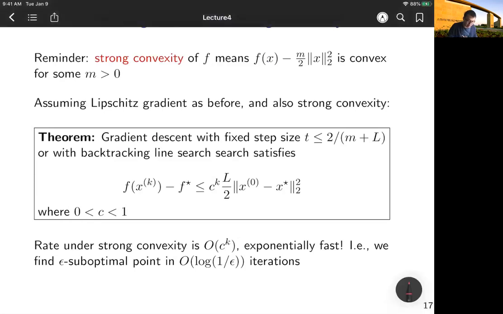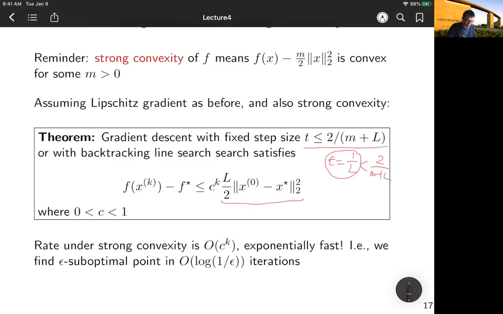Specifically, let's parse this theorem a little bit. If we set the fixed step size t to be something that's smaller than 2 over m plus L, notice that this is a little bit bigger than, say, t equals 1/L as we've chosen previously, and in fact choosing 1/L is always smaller than 2 over m plus L. Okay, so choosing this learning rate works for this case. Whenever we choose this t to be within this range, then we can show the geometric convergence that goes to 0.